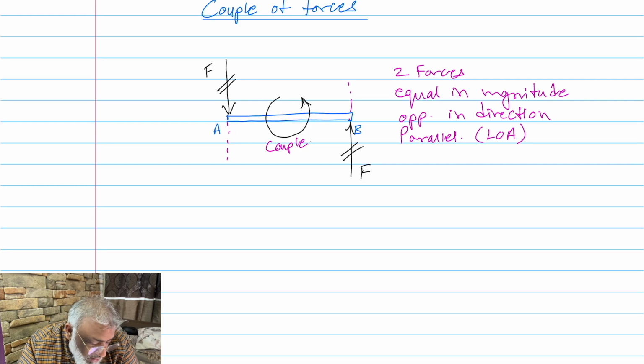Now here in this case it is going anti-clockwise. If the direction of the forces are reversed, the couple will rotate in the clockwise direction. In this case the value of the couple is given as F, only one F, since both the values of the forces are same, so that one value of the force multiplied by the perpendicular distance between the line of action of the two forces, that means this distance, the perpendicular distance between the two forces.